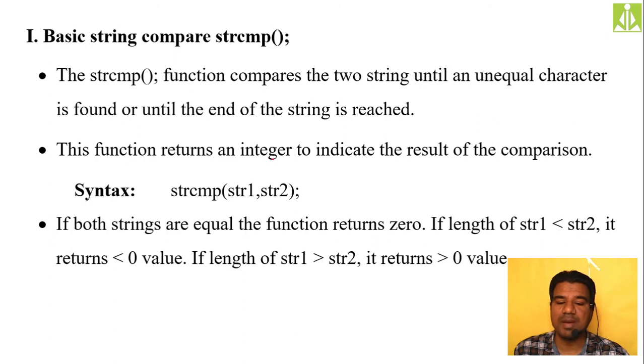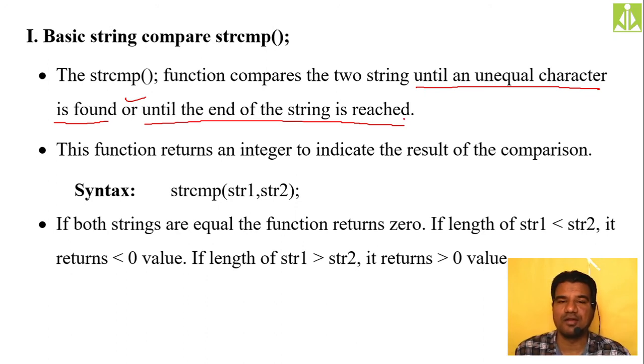How will it do the comparison? The basic string comparison, strcmp function, compares the two strings until an unequal character is found, or until the end of the string is reached. Either it has to find an unequal character or it has to reach the end of the string.